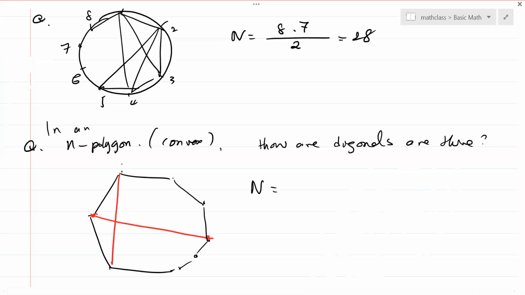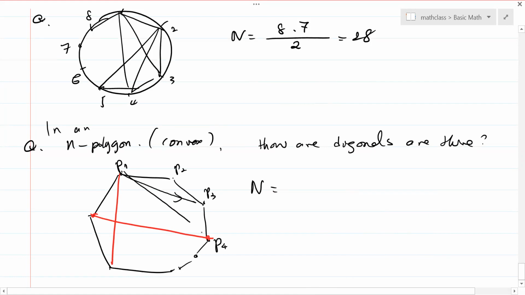So this is how they get it, right? P1, P2, P3, P4. The idea is you connect from P1, how many diagonals are you going to get. But you cannot connect P1 to P2 and Pn. So you have to minus 3 points.